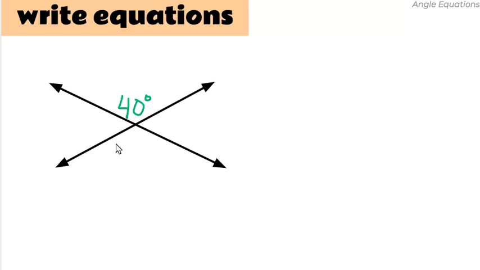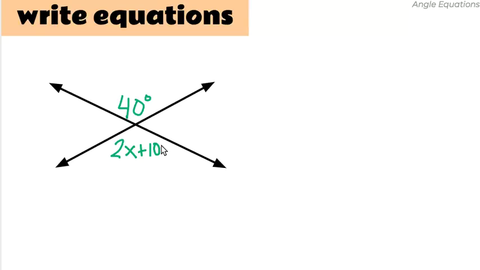And then this angle will be 2x plus 10. So we have two angles labeled, and one has a variable. And what you would be asked to do is find the value of x, usually.